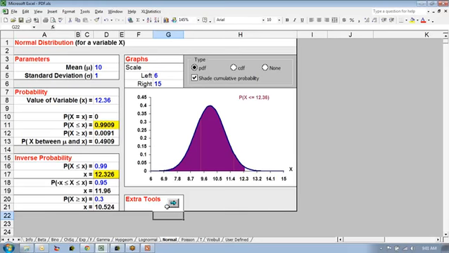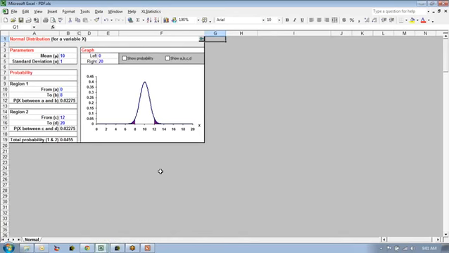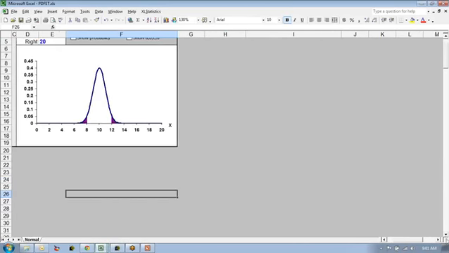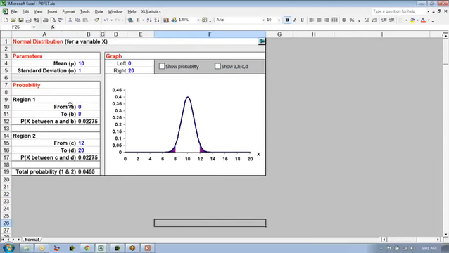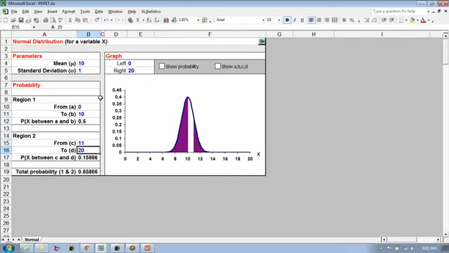Just to give you an idea, on the bottom where it has extra tools, all of these have these extra tools where you can go between one value and another value, and that's all that this does on this page. So if I want to go from, say, this says 0 to 8 and then 12 to 20, what if I wanted to go from 0 to 10 and then 11 to 20?